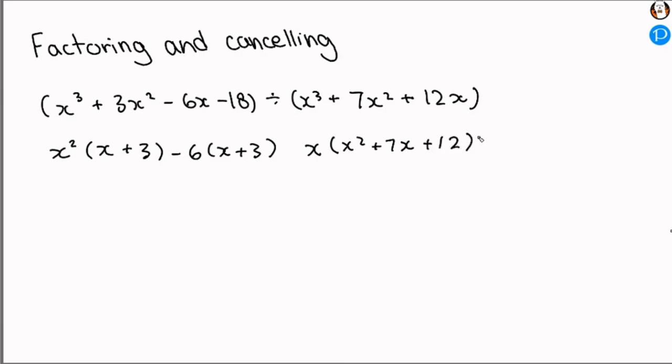And then use the product and sum method or any other method to factor this polynomial. So we need a product of 12 and a sum of 7, which is going to be 3 and 4. So this is going to become x plus 4 times x plus 3.